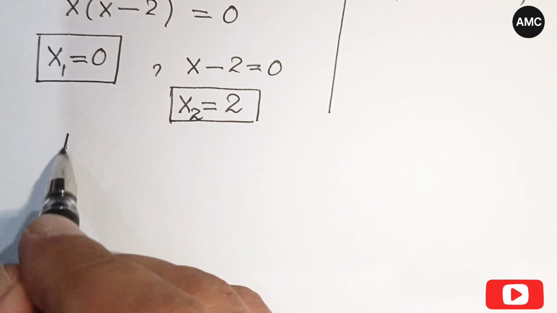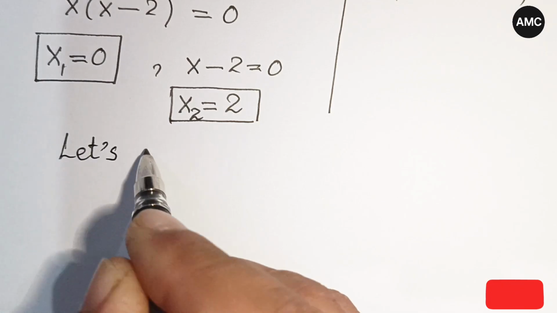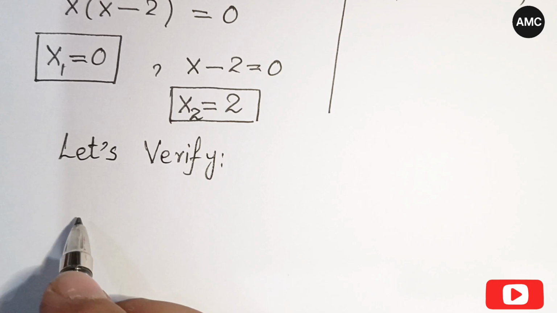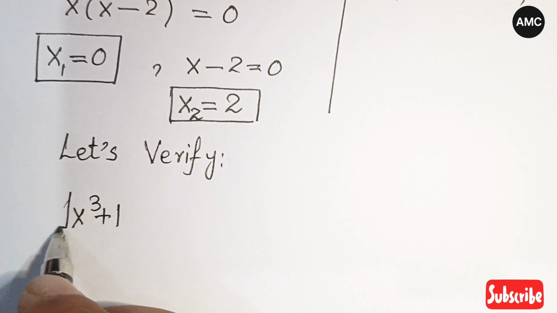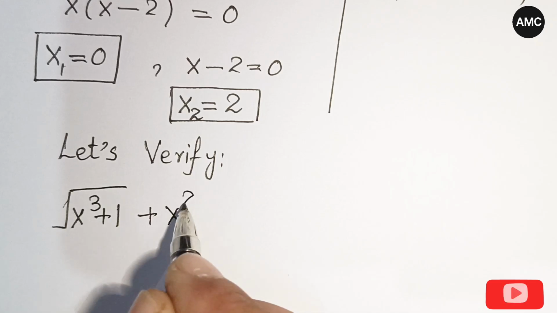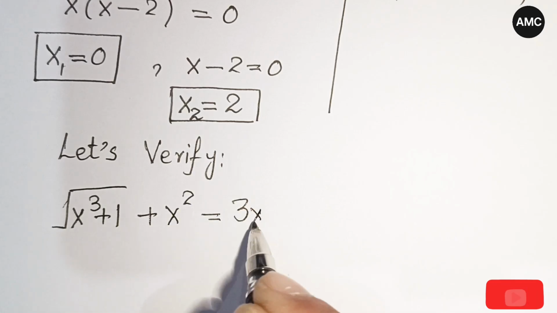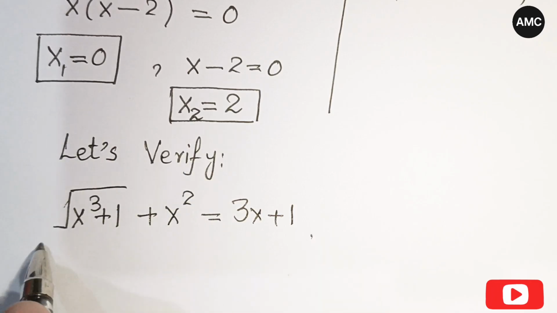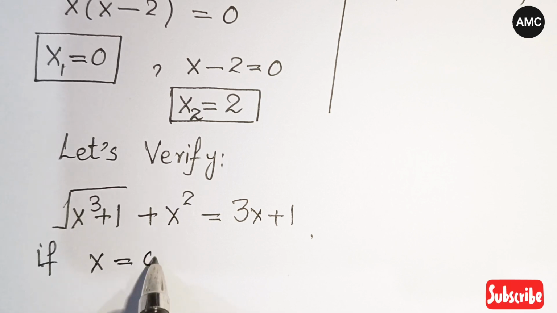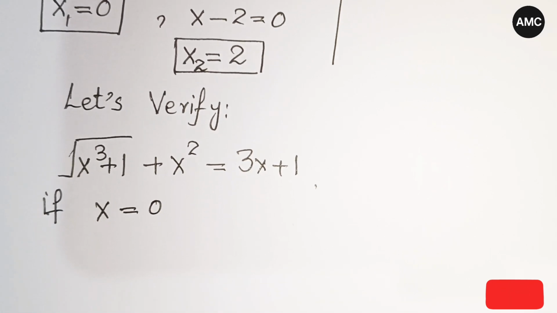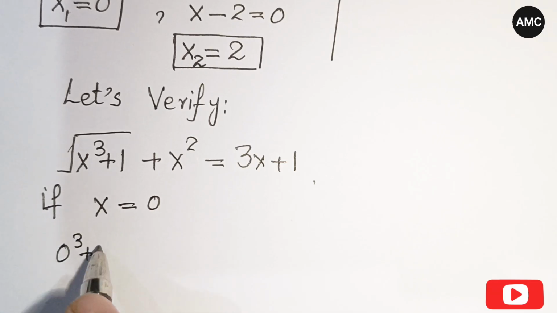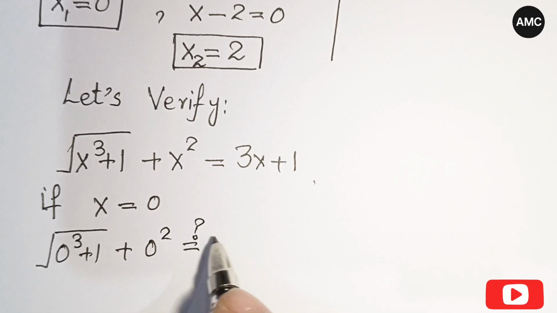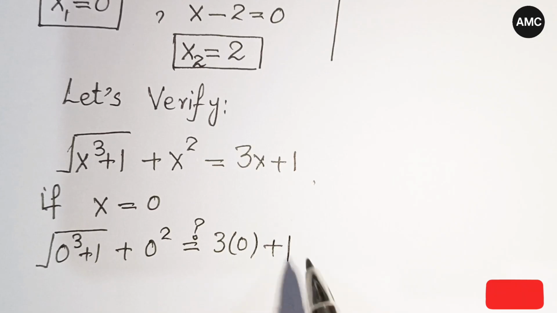Now let us verify this problem by using these values in our problem. Here our problem is square root of x cubed plus 1 plus x squared is equal to 3 times x plus 1. We have two values of x. If x is equal to 0, this equation will be square root of 0 cubed plus 1 plus 0 squared, is it equal to 3 times 0 plus 1?